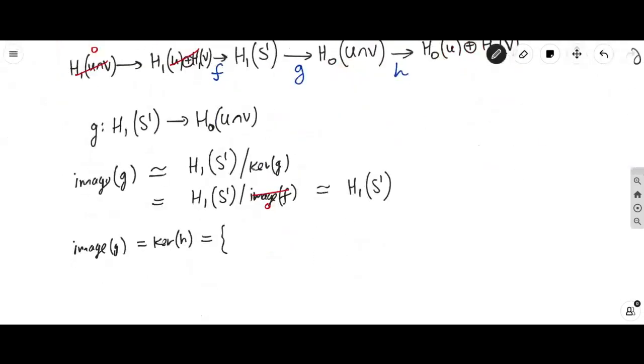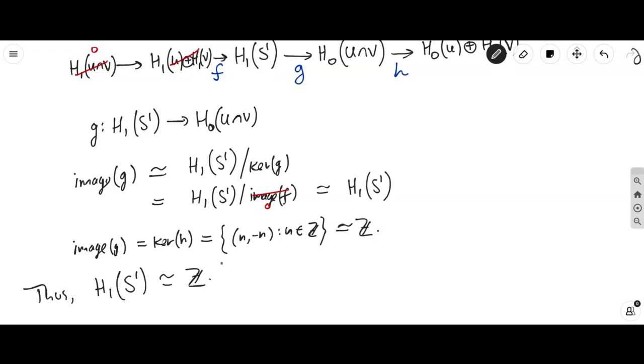So the kernel consists of all numbers of the form n comma negative n, where n is an integer. That's isomorphic to the group of integers, because the second coordinate is determined by the first. Thus, the first homology of the circle is isomorphic to the integers. And this gives us another way to get the homology of the circle.